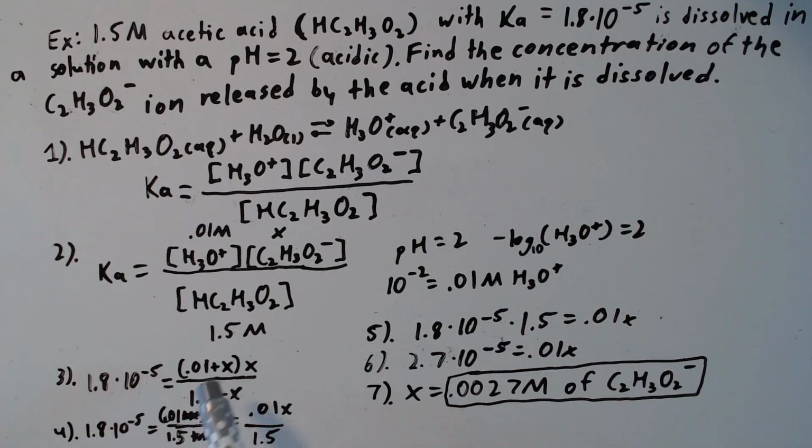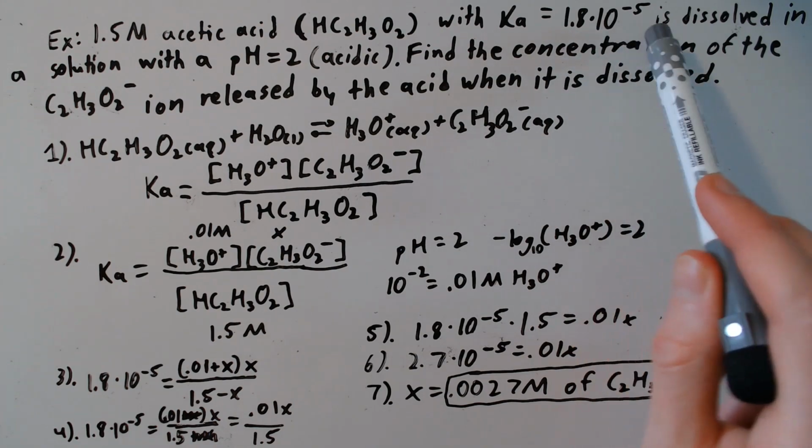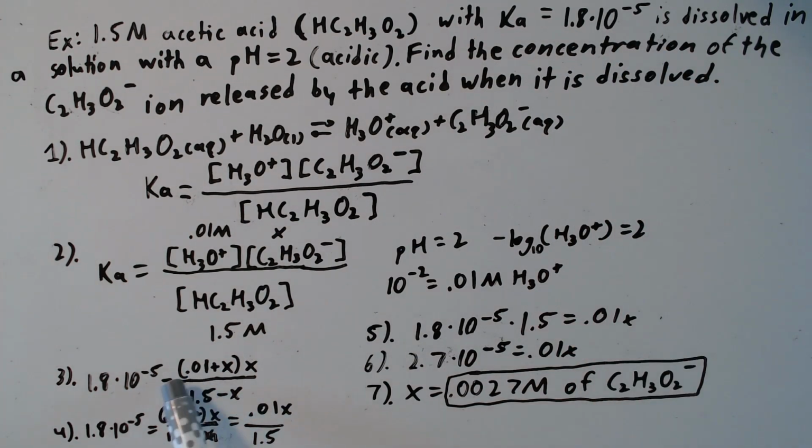It's in fact negligible, because the Ka of the acid is so much smaller than the initial concentration of H3O+, that whatever x is added here essentially does not change this initial concentration. It's just so small. So we can also cross out that x. And in the end, we get 1.8 times 10 to the negative fifth equals 0.01 times x over the 1.5.